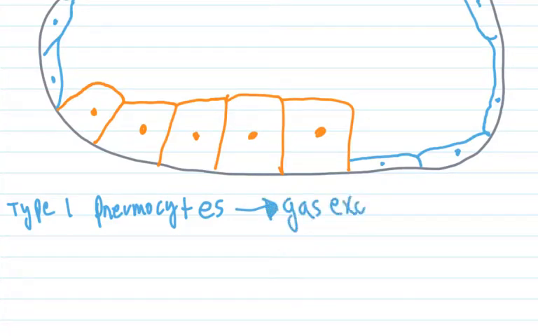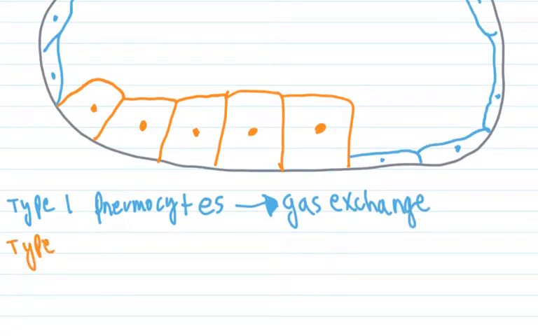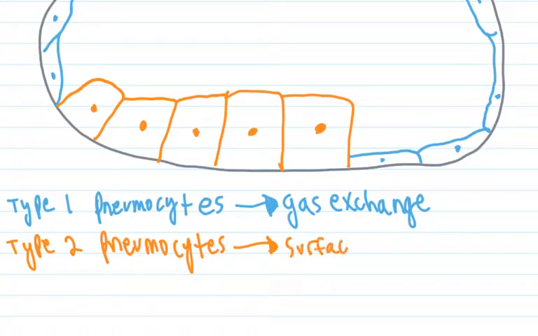Type 2 pneumocytes, in orange, are really important also. These are actually the pneumocytes in the alveoli that the virus affects first, at least. These pneumocytes are responsible for surfactant production.